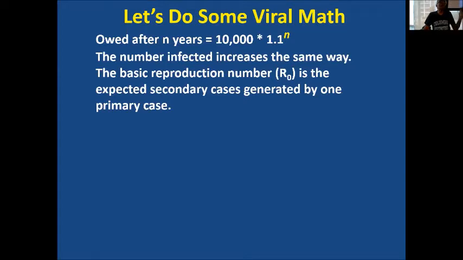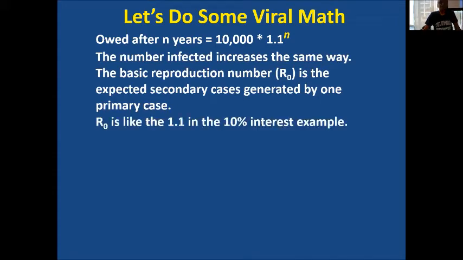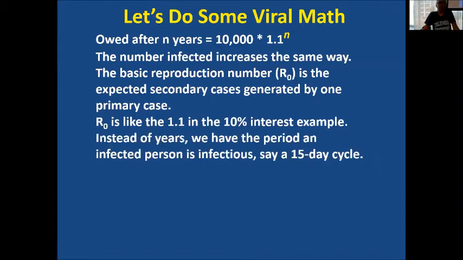So if you have one person who is infected and they lead their normal life, not isolating, they don't even know they're infected, how many people can that person infect during their contagious period? So that's the R0. And the R0 is like the 1.1 in the compound interest example.